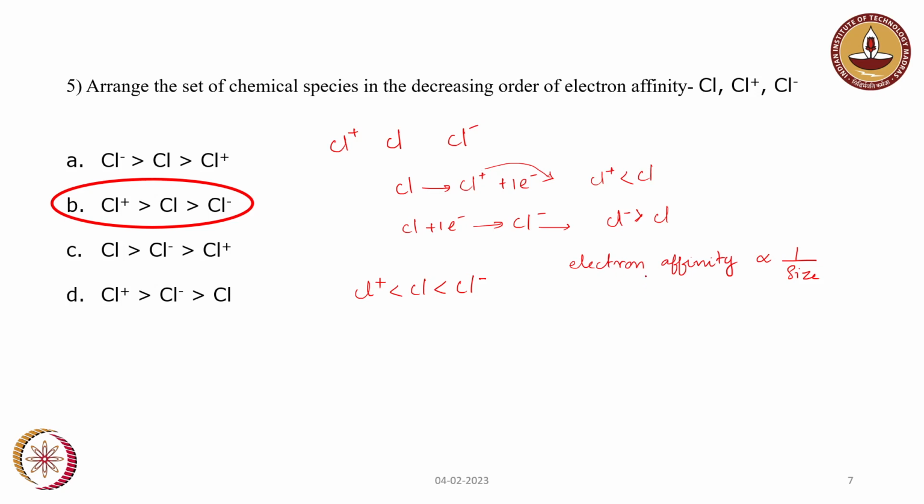The electron affinity will be in the reverse order. That is, Cl plus will have higher electron affinity compared to Cl minus. So the answer is option B, Cl plus greater than Cl greater than Cl minus.